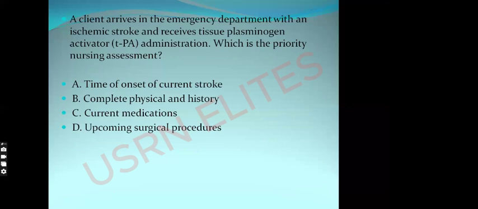But if this question had been select all that apply, and this patient is about to receive, then I think all of these options could have been correct. In this one, the patient receives, so we want to know the effectiveness of it. It means that the person has been cleared of all of these assessments. So to know the effectiveness of the drug, you rely on the time of onset of the current stroke. Please, are we all clear?